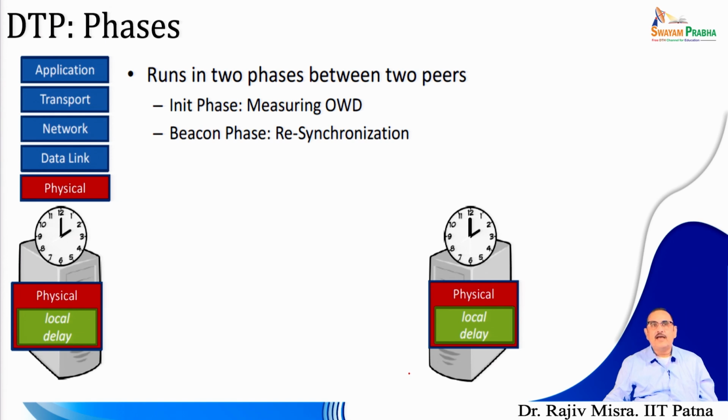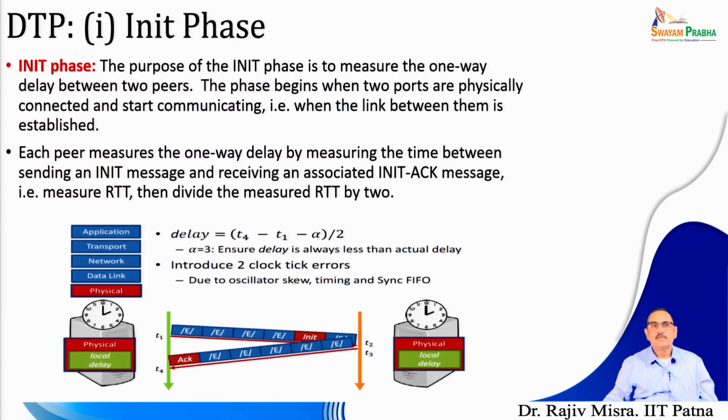So, here you can see that Datacenter Time Protocol runs in 2 phases between the peers: the initialization phase measuring the one-way delay, and the beacon phase used to resynchronize.